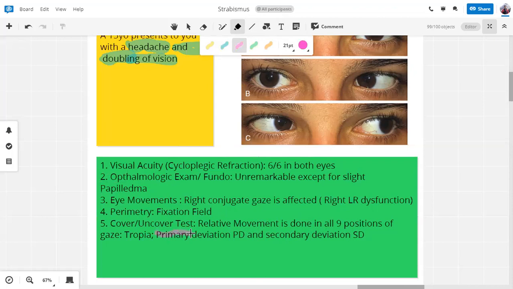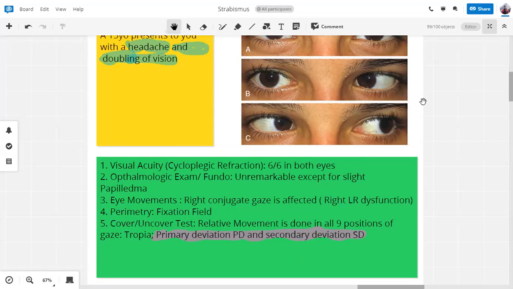In concomitant squints, which are tropias, esotropias, exotropias, hypertropias, hypotropias, all of them, the primary deviation is equal to the secondary deviation. However, in non-concomitant squints, in restrictive squints, in paralytic squints, in kinetic squints, all the non-concomitant squints, the secondary deviation is greater.